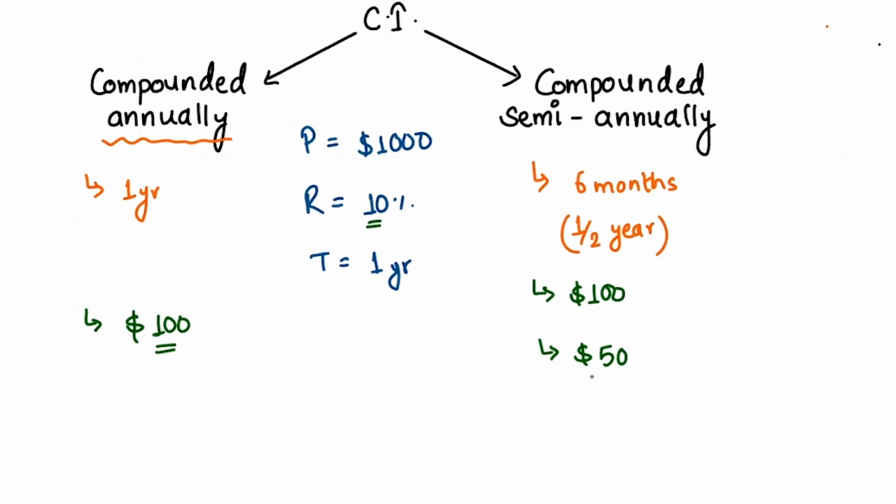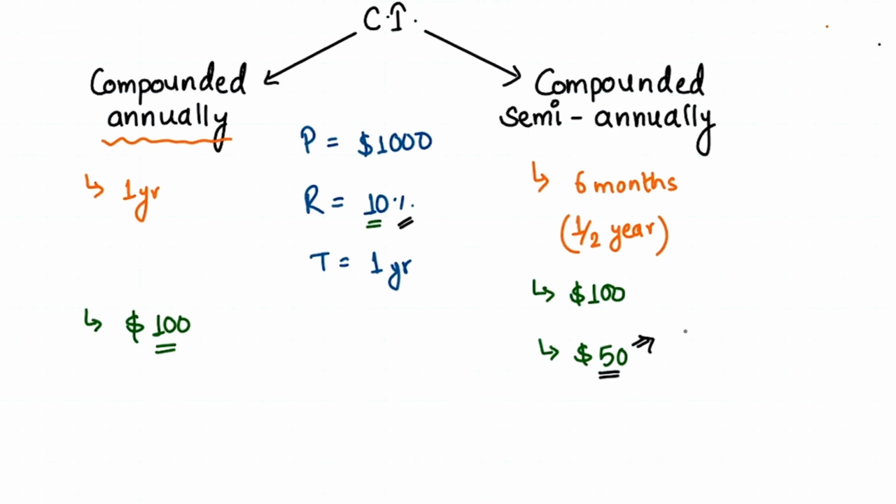Now, the benefit in this case is that the $50 that you got at the end of your 6 months is still going to be in your bank. And the bank is supposed to pay interest also on this $50 for the next 6 months. So, for the next 6 months, the bank needs to pay 10% interest on your $50.